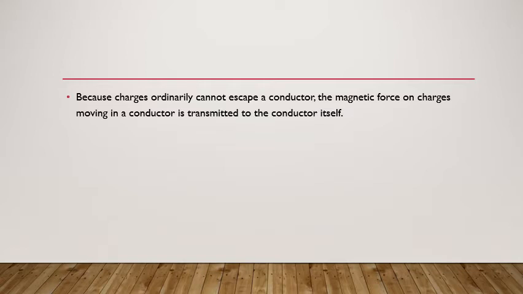Now, current carrying conductor means a conductor in which you are passing the current by applying a battery or some voltage. As a matter of fact, there are many examples of current carrying conductor.